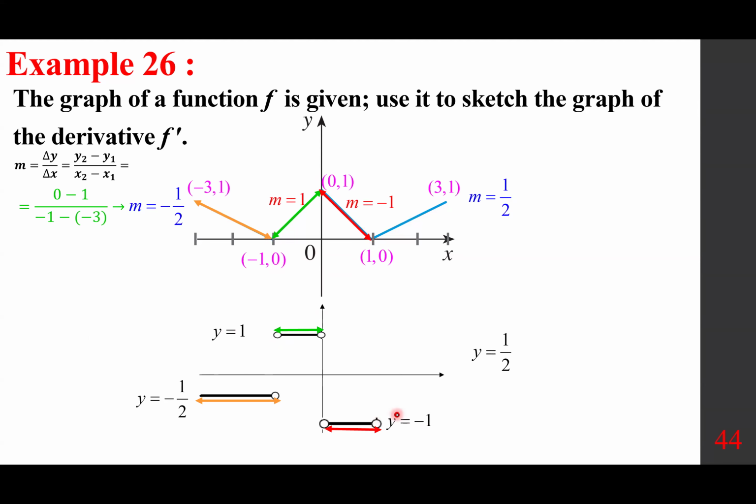And both ends have a hole. And obviously this one, y equals 1/2, goes from here. And that's the final graph. I'm using the arrows to get help, okay? Those are not part of the graph.